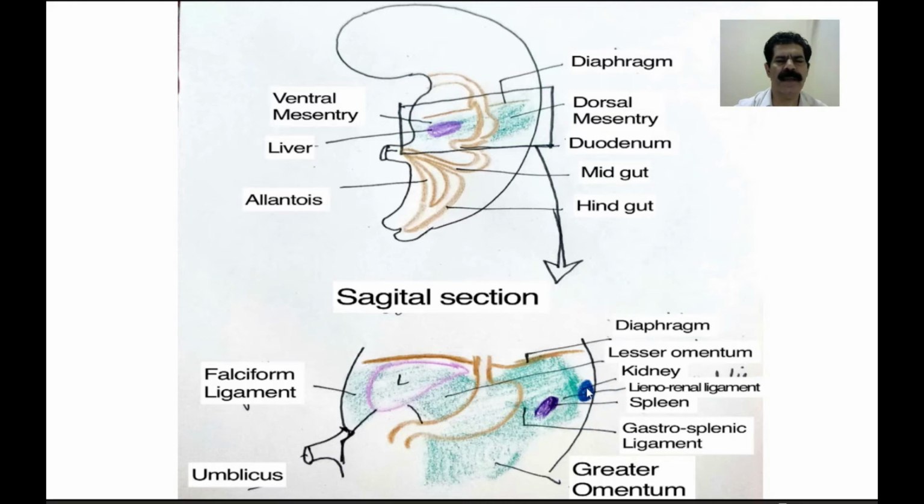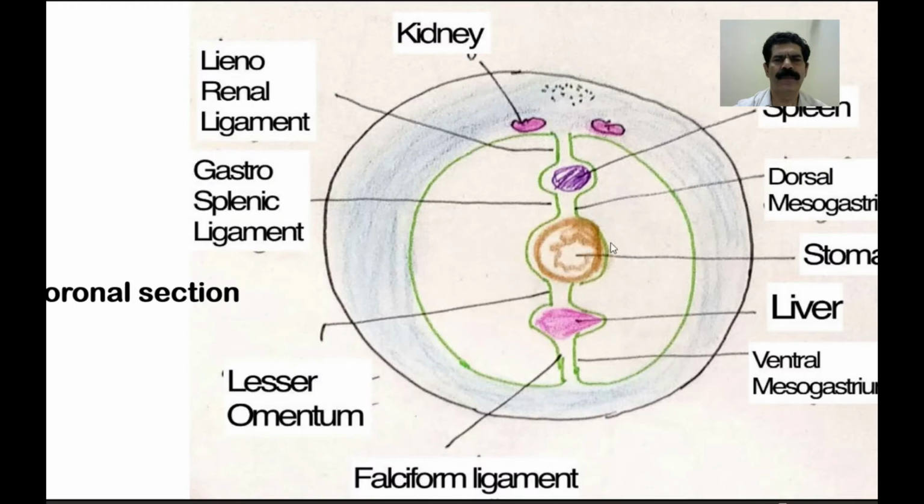At the same time, the kidney also develops. So the same double fold of the dorsal mesentery between the spleen and the left kidney is called the lienorenal ligament. So this is how the stomach, while developing, is hanging from the dorsal and the ventral mesentery.